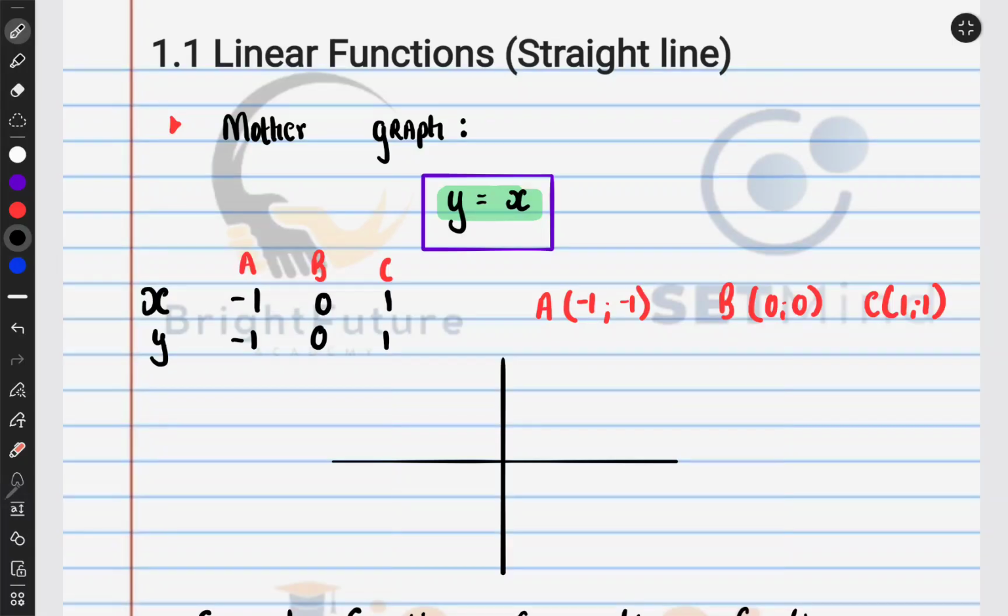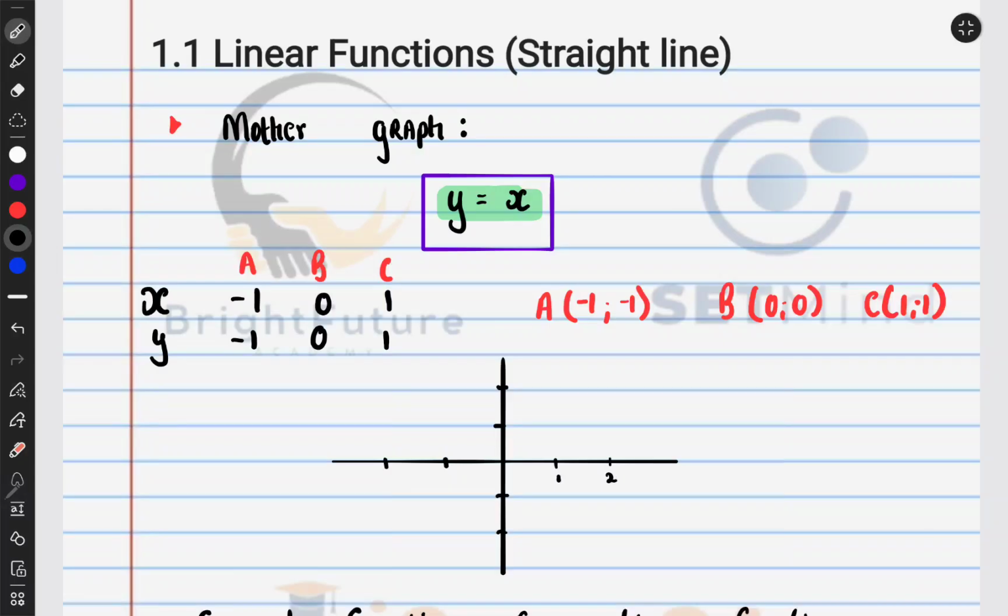This is the most basic linear function. All other linear functions that we're going to be dealing with going forward are just transformations of this mother graph, in simple terms. Okay, so let's quickly label our x-axis and y-axis.